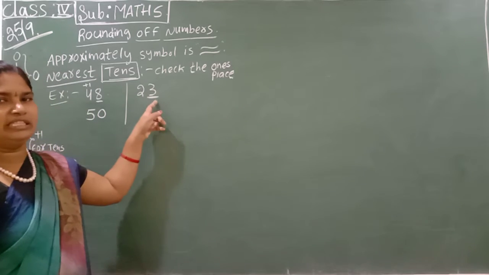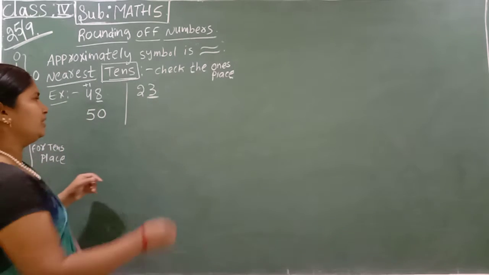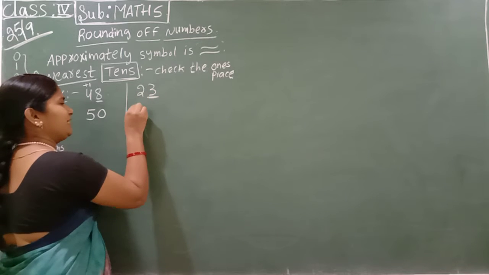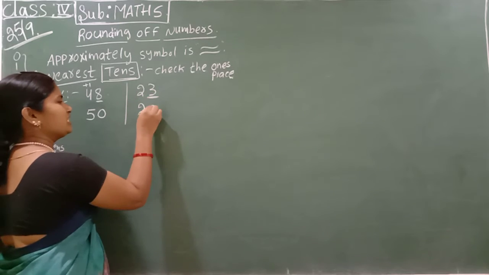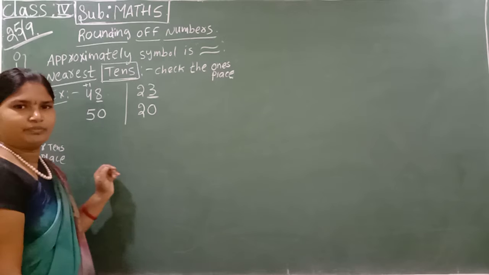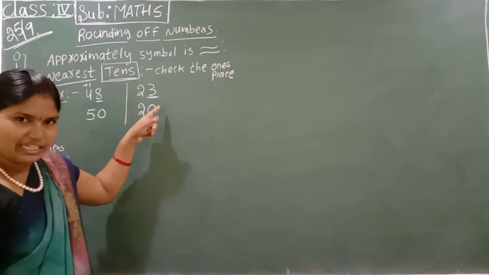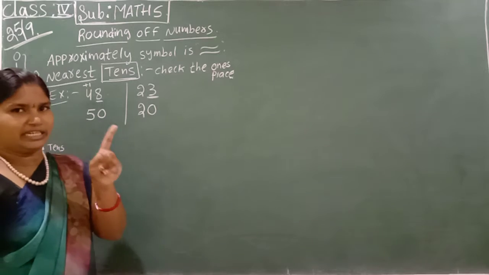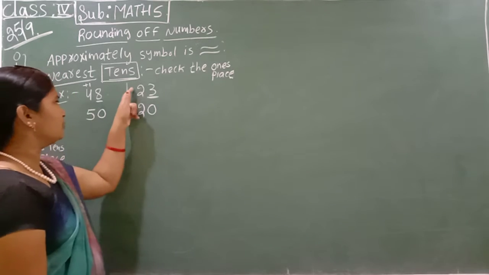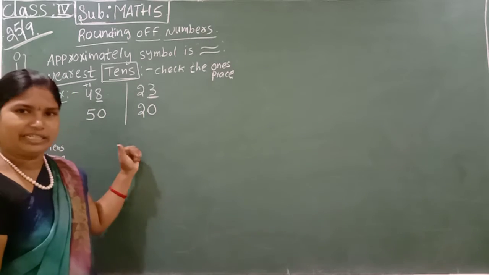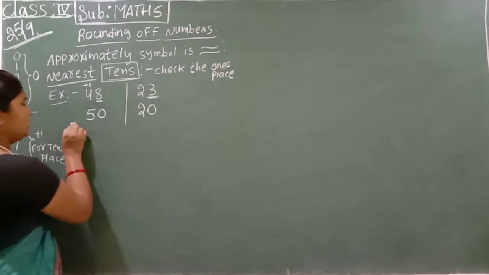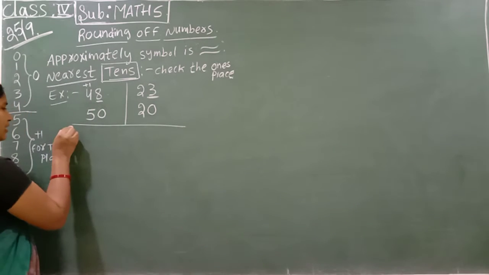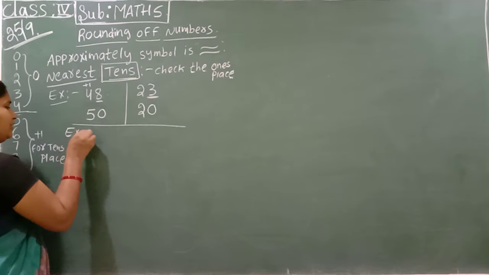Small number. 3 is the small number. So, write the tens place directly and keep 0 in the ones place. If it is greater than 5, then only should you add 1 to the tens place. Otherwise, no need to add 1 to the tens place.